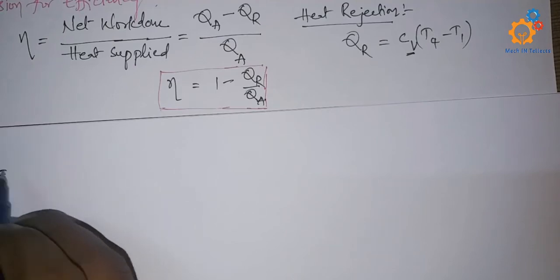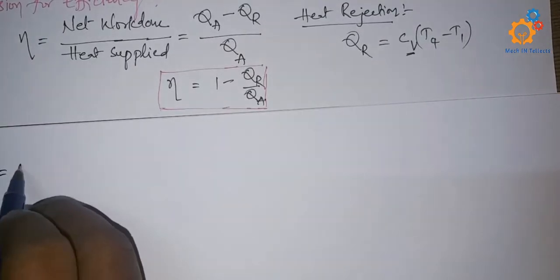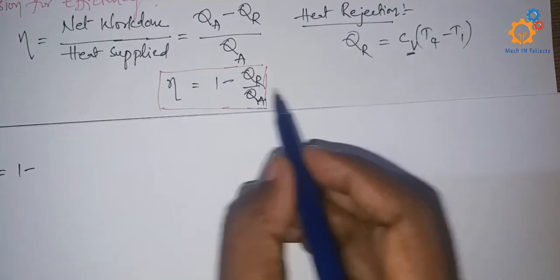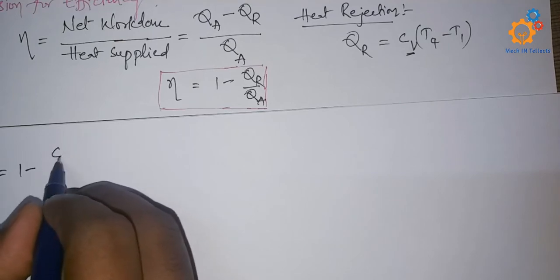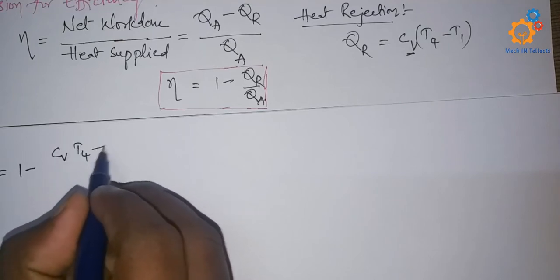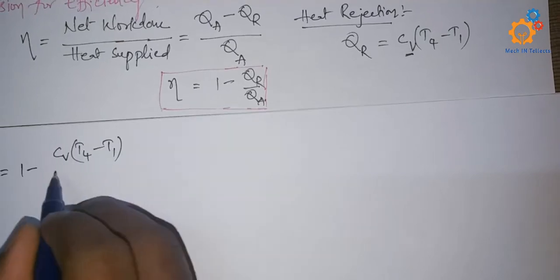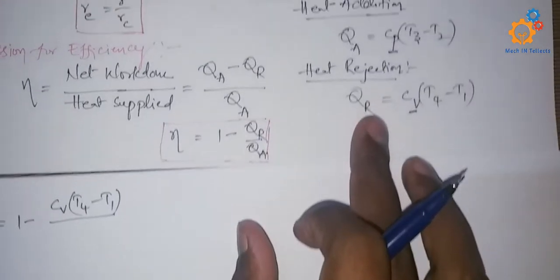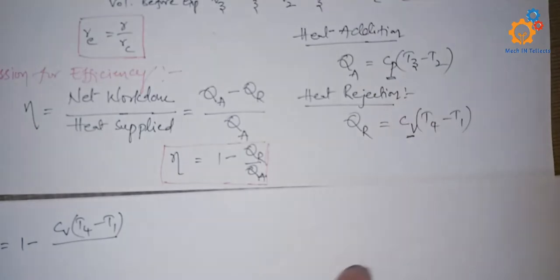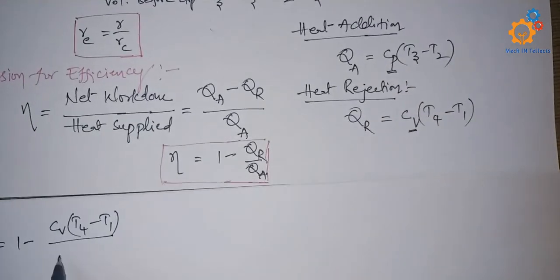Eta is equal to 1 minus QR by QA, which is CV (T4 minus T1) by QA. Heat addition happens at constant pressure, so QA is CP (T3 minus T2).